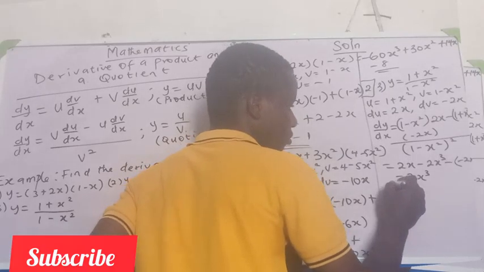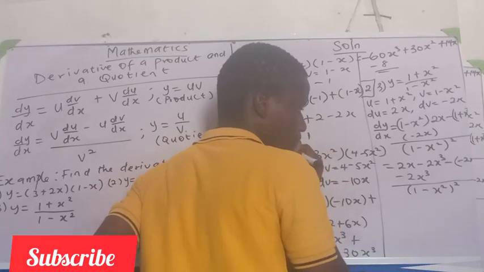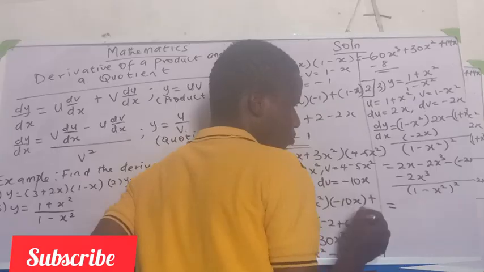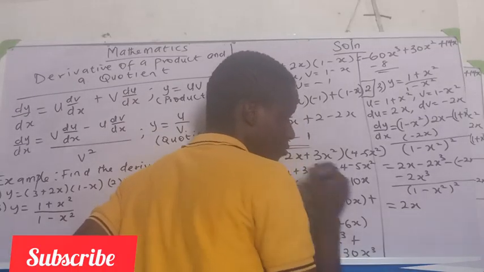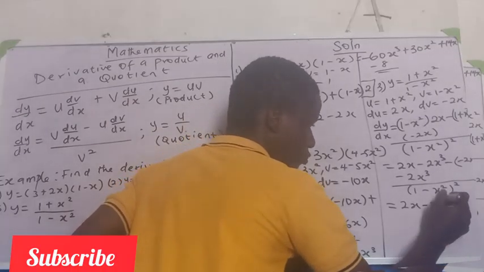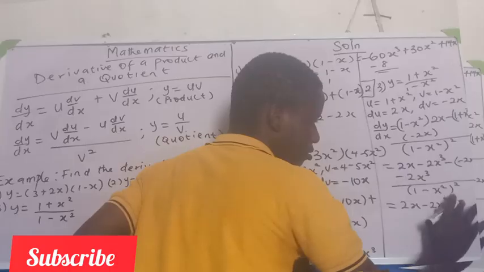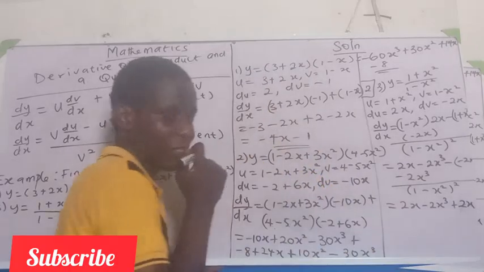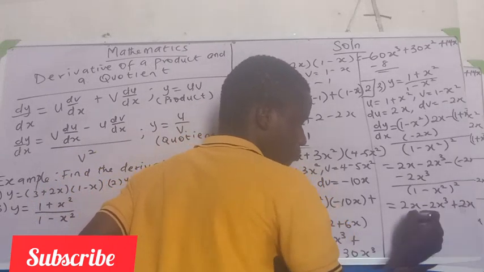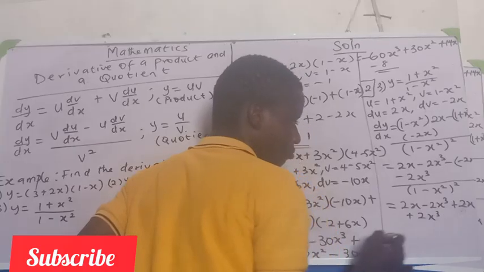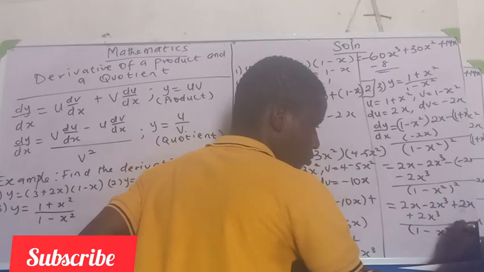So all divided by 1 minus x squared, all squared. So I can simplify further. I have 2x minus 2x to the power 3. Minus minus is plus, plus 2x. Minus minus equals plus 2x to the power 3, all over 1 minus x squared, all squared.